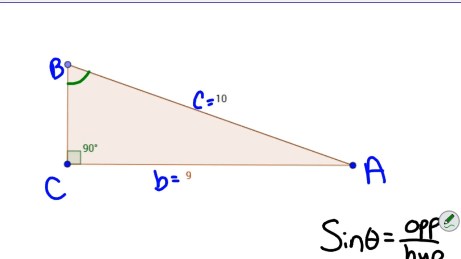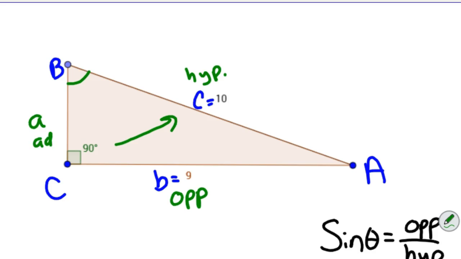So little b would be opposite, because it's opposite the angle I chose. Little c is always the hypotenuse, because it's across from the 90-degree angle. And so that means little a, which is right here, is adjacent. Little a is across from big A, so that's why it's little a, but it's also adjacent because it's beside angle B.